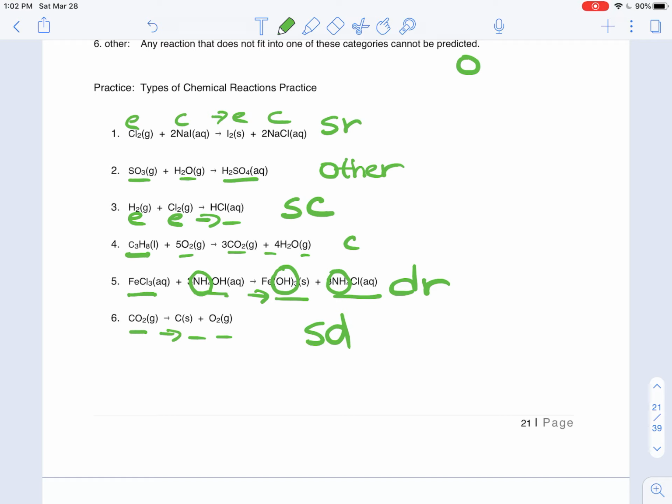So that's simple decomposition. That is the practice on all of the types of chemical equations that there are.